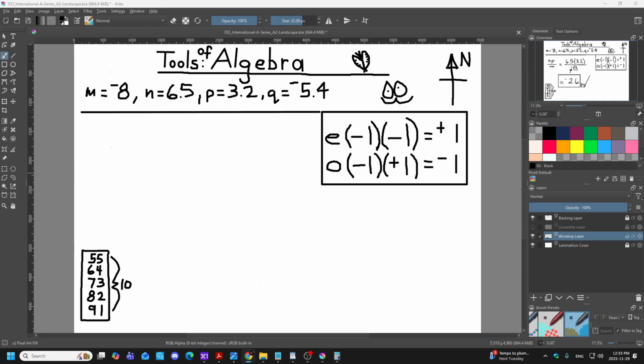Let's do another. m times q, that's all divided by n times p. m, negative 8, times q, negative 5.4.